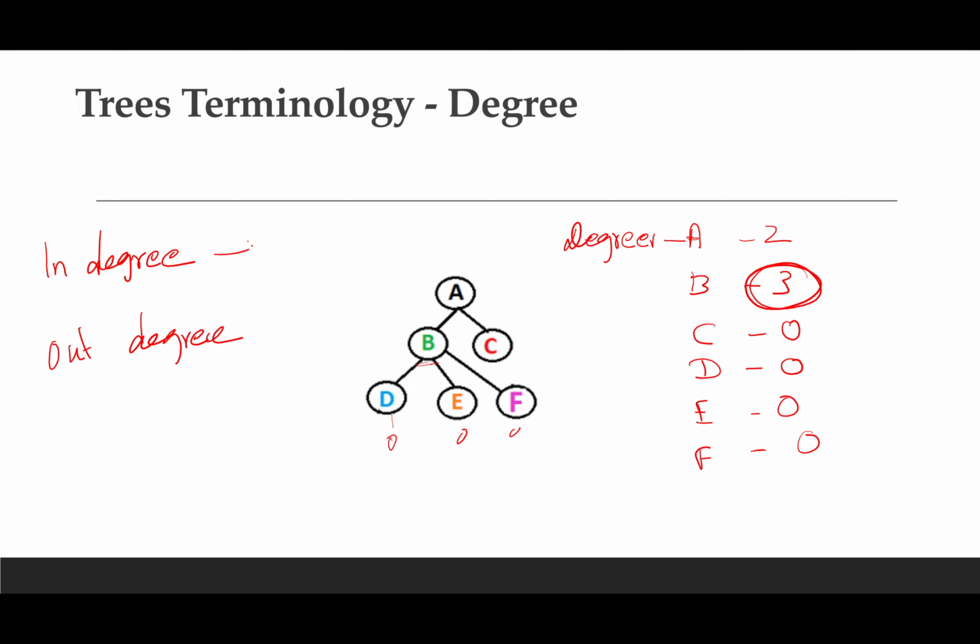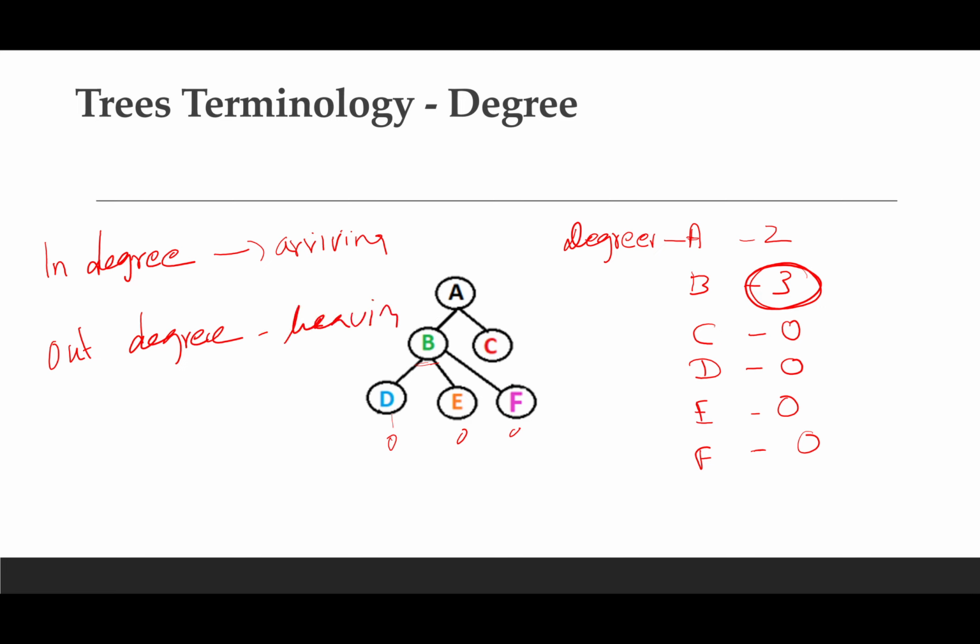The out degree is the number of edges leaving the node. These are represented by using the arrow mark.